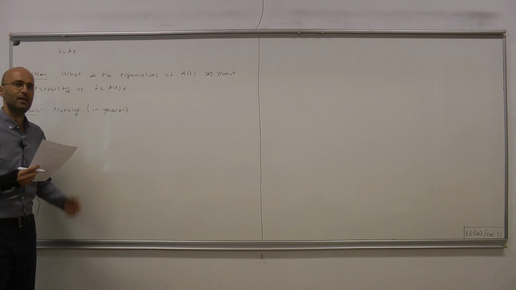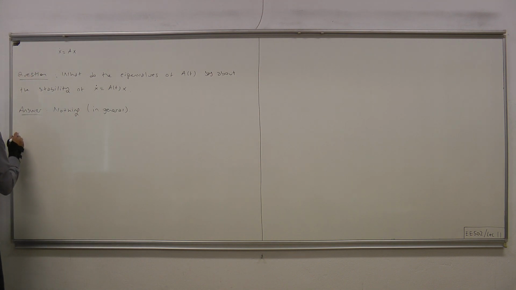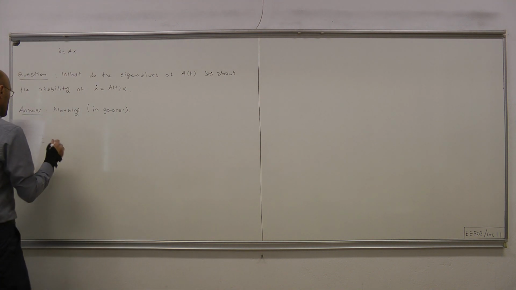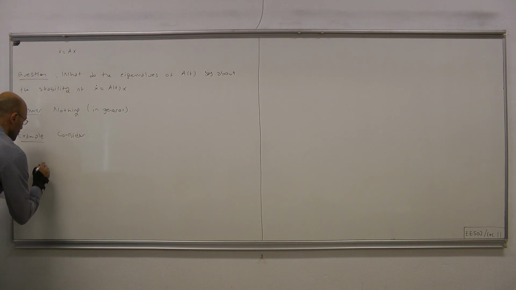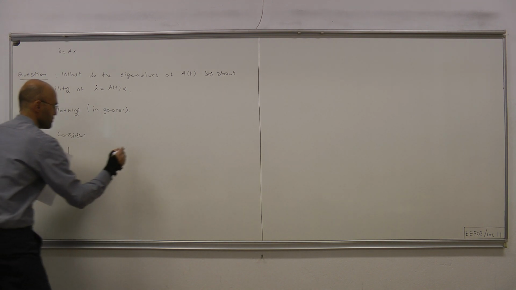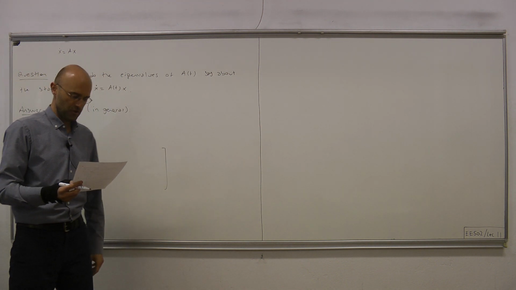So nothing in general. And here is a very nice counterexample from the textbook of Khalil. Consider the following 2 by 2 matrix, and suppose that it's the system matrix of some LTV system.